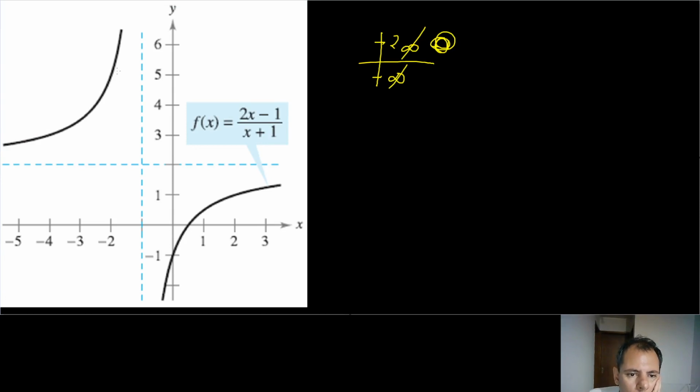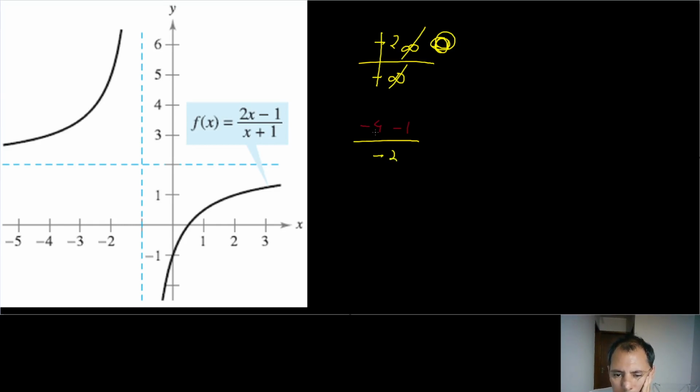Now let's see what happens as x approaches minus 1. It's not approaching 0, it's approaching minus 1. For example, minus 2 times minus 2 is minus 4, minus 1, divided by minus 2 plus... let's see.